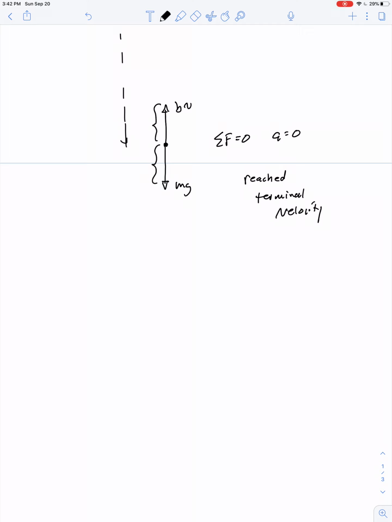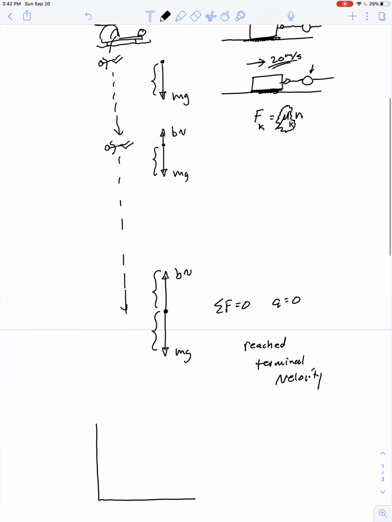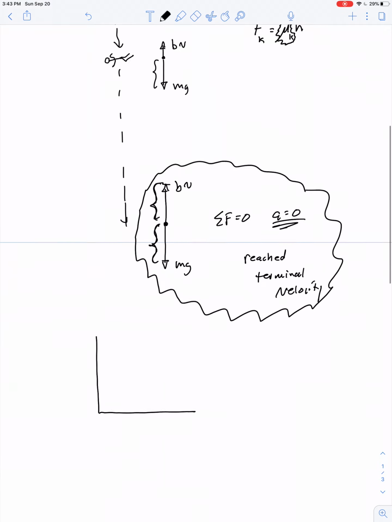But you could maybe make a guess of what velocity versus time would look like for this person who jumps out of the helicopter. They gain speed only up until the point at which the force of air resistance is just as big as the force of gravity. At that point, the acceleration becomes 0.